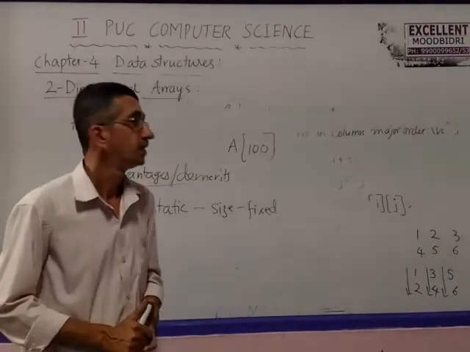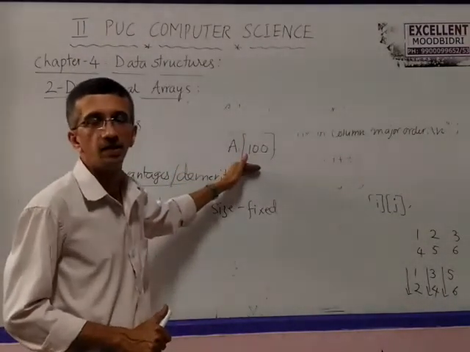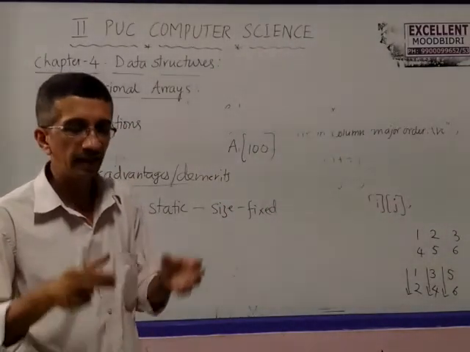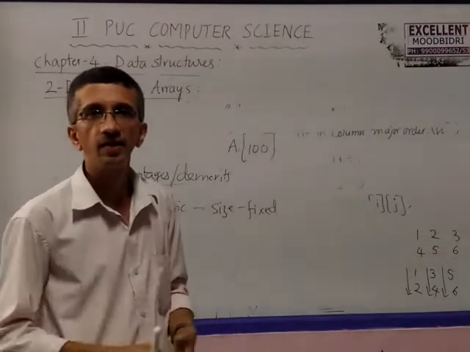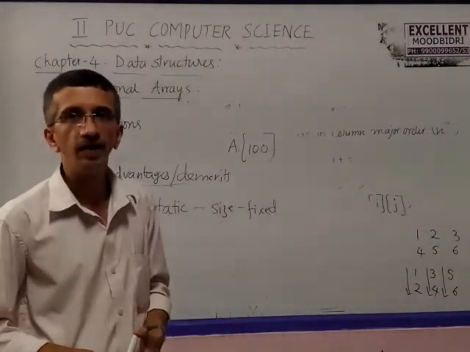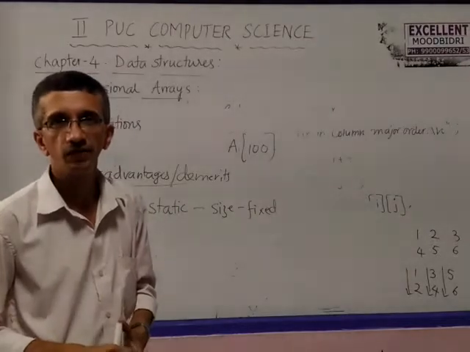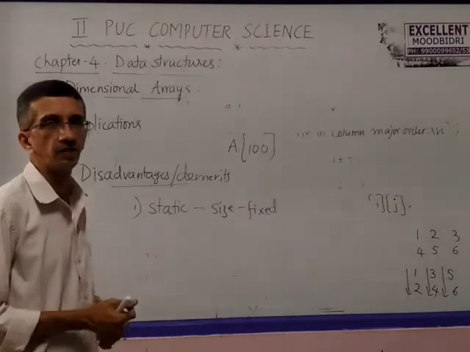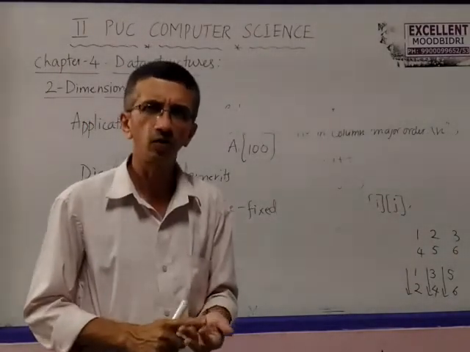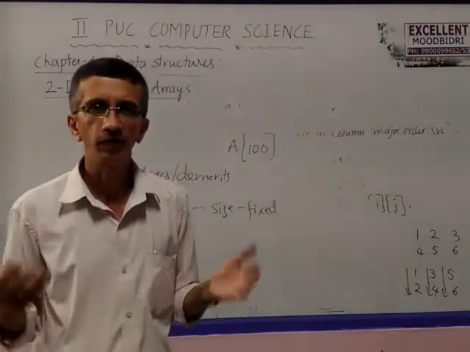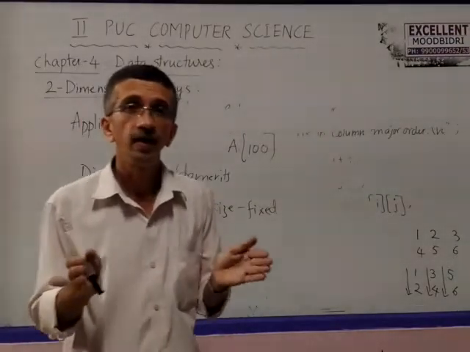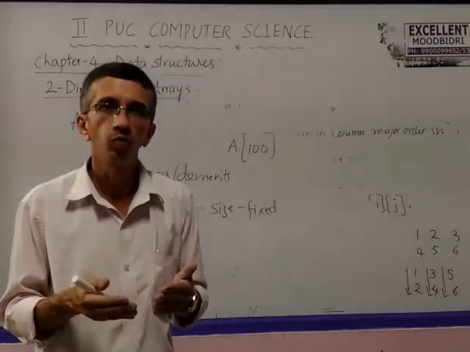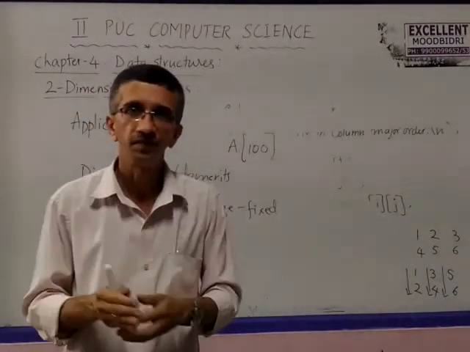And one more thing is, since the array size is fixed and static, dynamic allocation of memory, right? At the time of running the program, memory cannot be allocated. It becomes static memory allocation, which itself is a demerit. And during the processing of array items also, for example, we have seen insertion and deletion of items in a one-dimensional array, where if the number of items is large, it takes more time to shift the items, right?